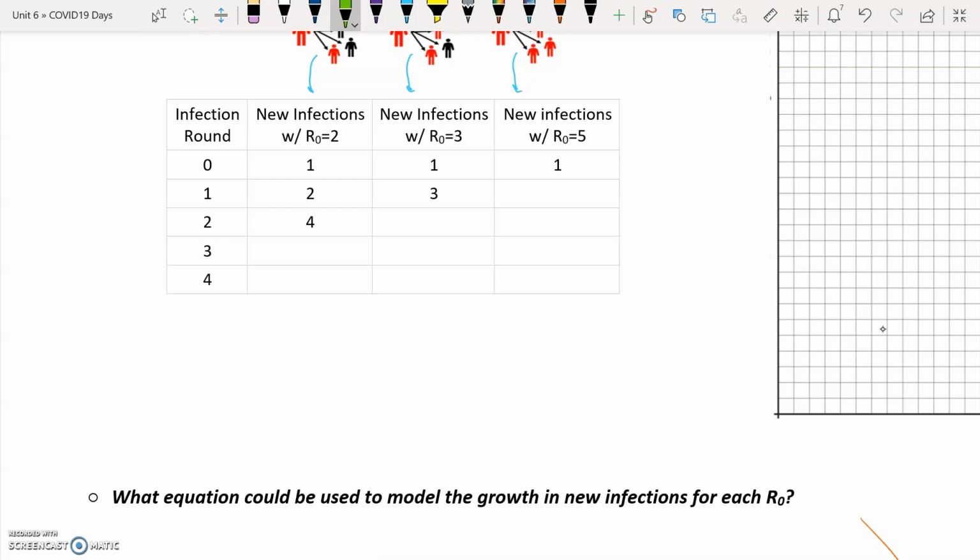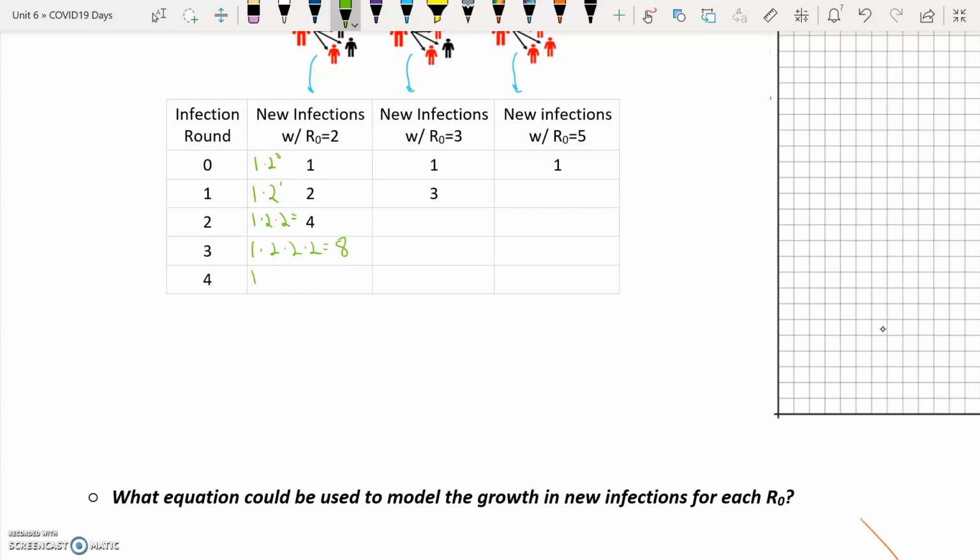At each round in your data table, like this here, you're doing 1 times 2 zero times, 1 times 2 once. This is 1 times 2 times 2. This would be 1 times 2 times 2 times 2, which equals 8.